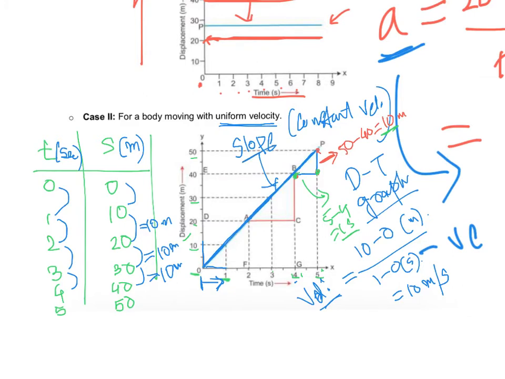This is what will give us the velocity of this body. That means the body is moving not at a changing speed, but at a constant speed. We take this kind of data and start plotting the graph, and we will get this kind of figure. This is my second case scenario.